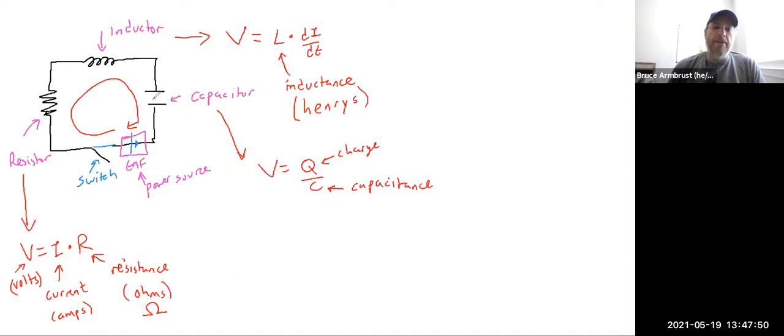So as the capacitor builds up charge, the voltage drop across it increases. Your capacitance is what it is. Then you throw the switch, it starts charging up, because current is bringing charge to it. So it's changing its voltage.